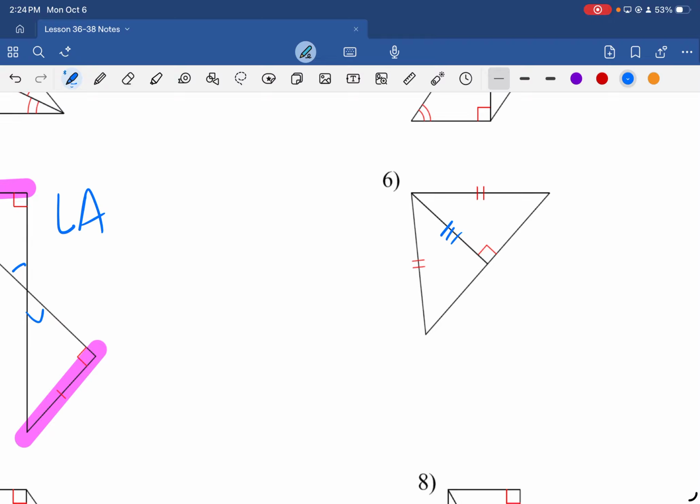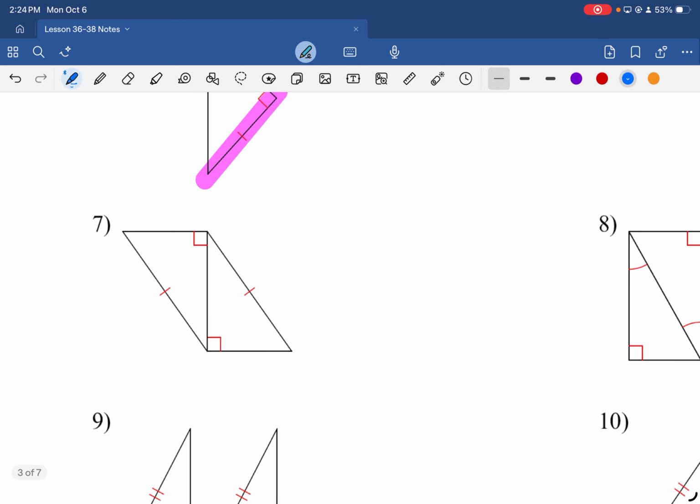Maybe hypotenuse angle, HA. Not hypotenuse angle. See, look, I'll highlight it for you. We've got hypotenuse, hypotenuse, and then we have a leg and a leg. So it's actually hypotenuse leg, HL. Because, see, they didn't give us any other angle other than the right angle, but that one doesn't count when it comes to the abbreviations. It has to be one of the others, not the right angle.